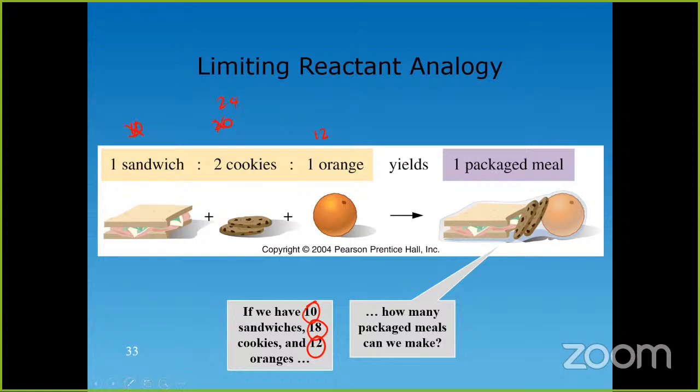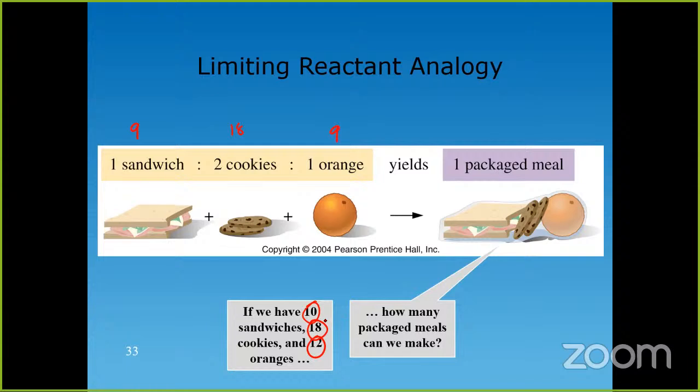Now, if we look at things from the standpoint of the cookies, right? According to the information here, we have 18 cookies, right? So if you look at things from the standpoint of the 18 cookies, well, based on this formula here, that means that the number of sandwiches that you're going to need will be 9, and the number of oranges that you're going to need would be 9 as well.